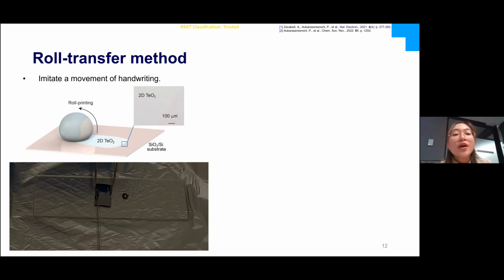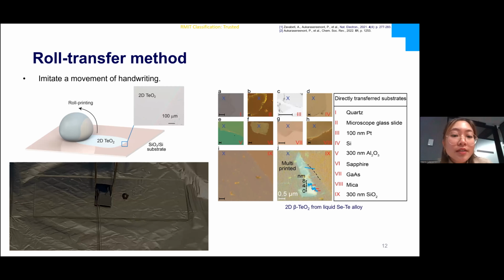We have used this technique to synthesize 2D p-type beta tellurium oxide from a liquid selenium and tellurium alloy. And we have shown here that this technique can be employed to synthesize this material onto a variety of substrates and can do multi-print, which results in bilayer tellurium oxide as well.